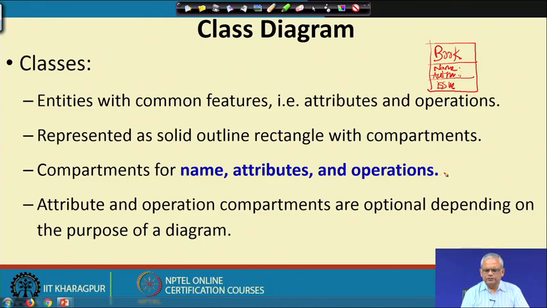But we do not always show all three compartments. In some cases we might write only one rectangle containing the name of the class, that is Book. Just notice here that the name of the class is singular. We do not name the class Books.